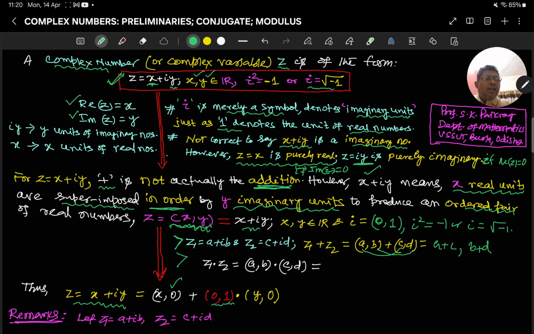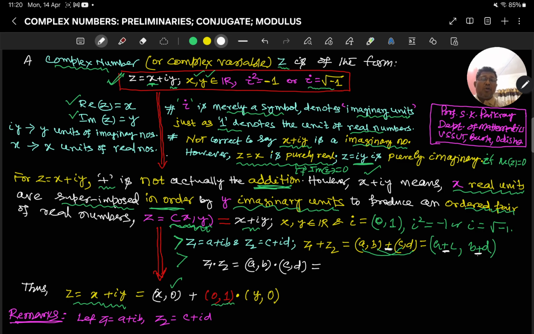So real part is added with real part and imaginary part is added with imaginary part. If you have a negative sign, suppose I want to subtract, likewise the real part is subtracted and the imaginary part is subtracted here.